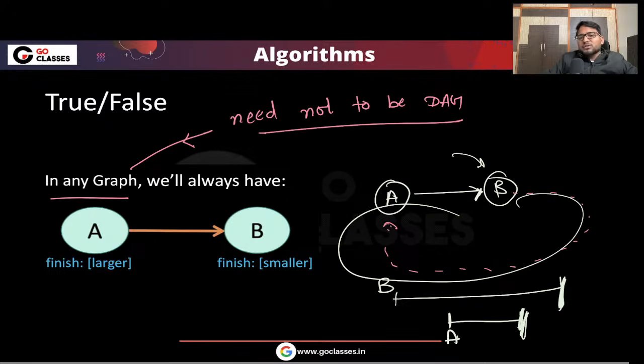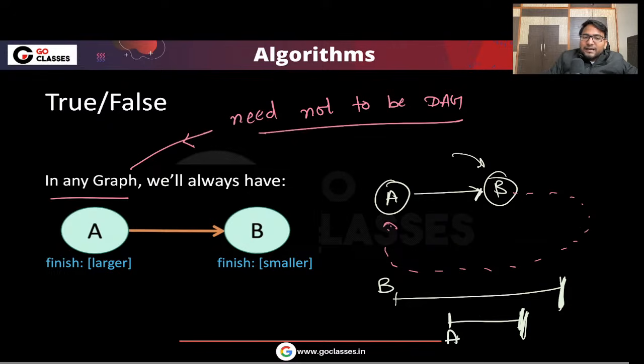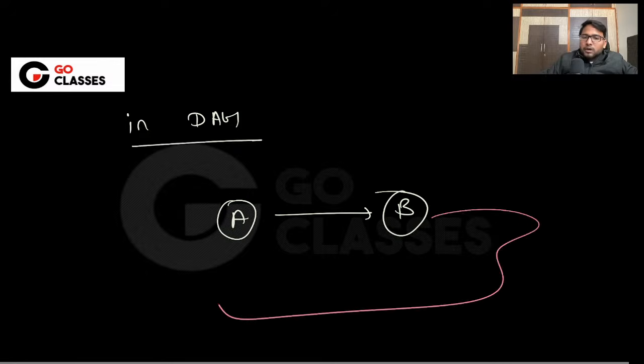So in any graph that is not the case, but in the directed acyclic graph we know that if we are having some edge A to B, then since there is no path from B to A, either you start A or you start B, it doesn't matter. Let's suppose you are starting A first, then this B will get finished because that is reachable.